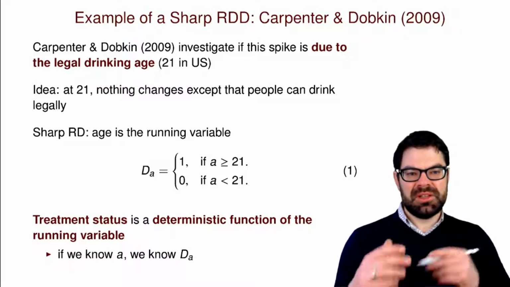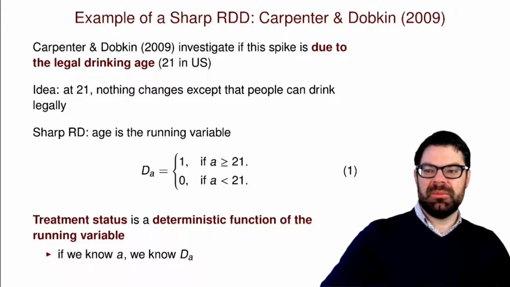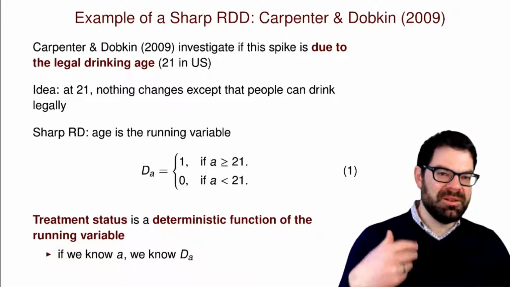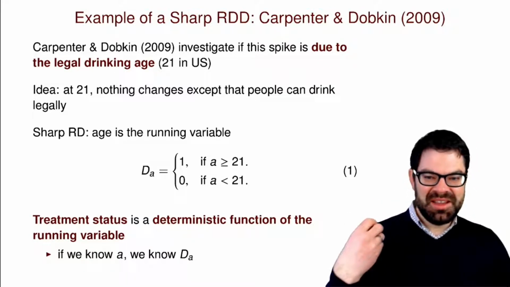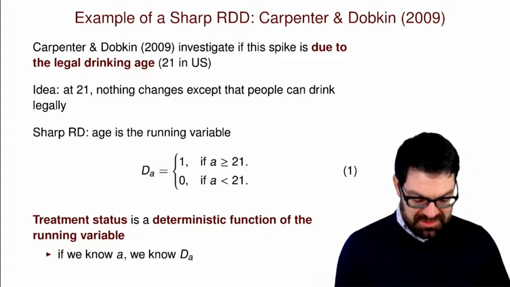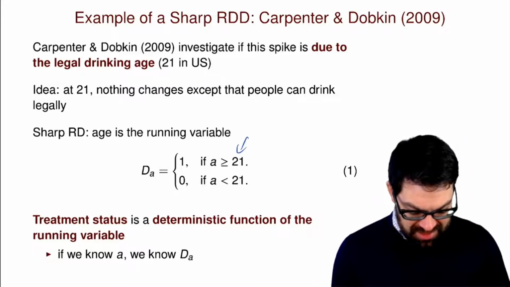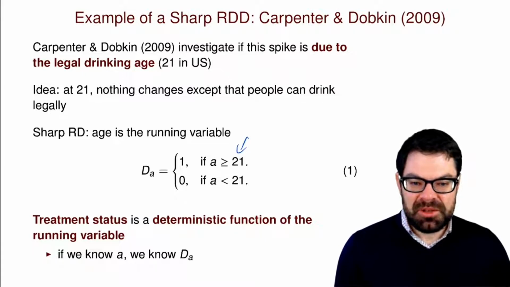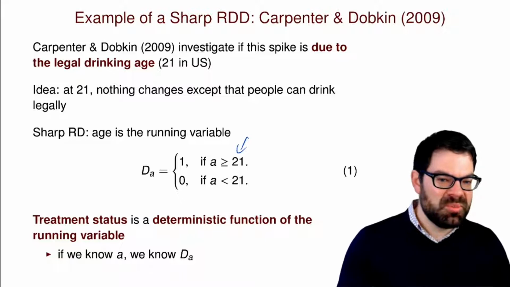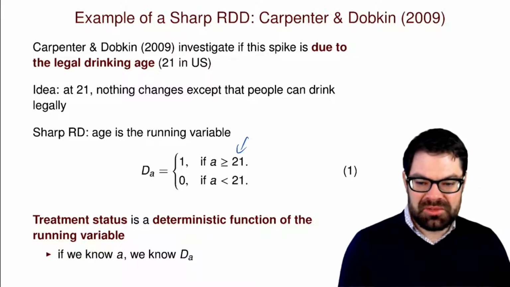But here the question is not about whether people drink or not. The question here is basically like a reduced form, which is whether people are allowed or not, and that is assigned by this function: if your age is above 21 or on your 21st birthday and later, you're allowed to drink.